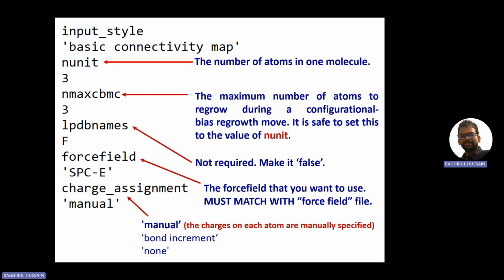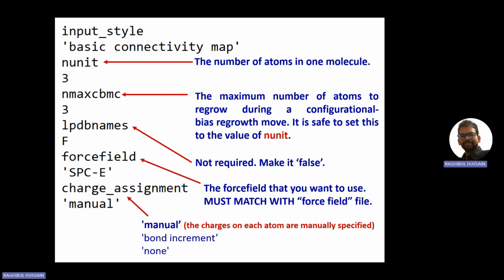So in your input file, you check this variable input_style and remove other things. If extra information is there, you remove it. So the molecule section starts with this variable input_style.